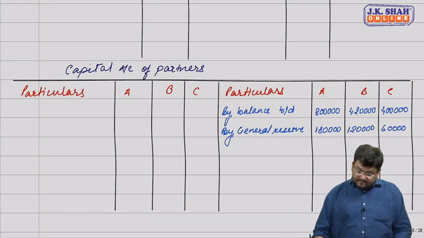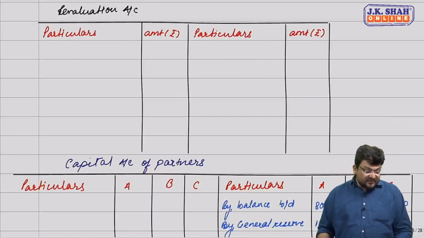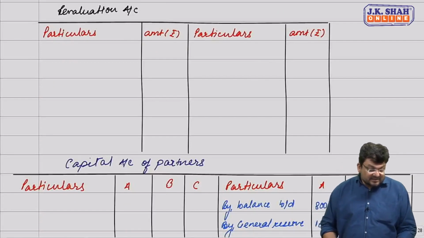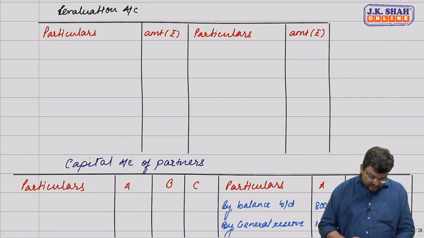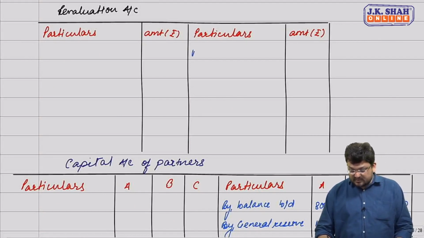Then B retired and we are given revised value of certain assets like office equipment is revalued at 3,27,000. Office equipment in old balance sheet it is given at 2,80,000. So we are supposed to increase its value by 45,000. Entry will be office equipments to revaluation.